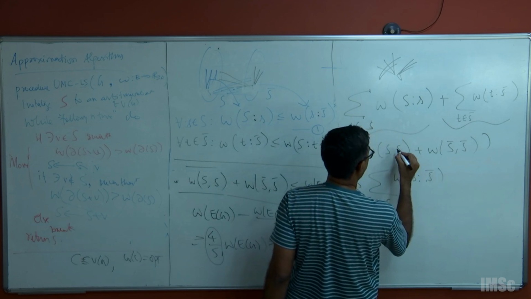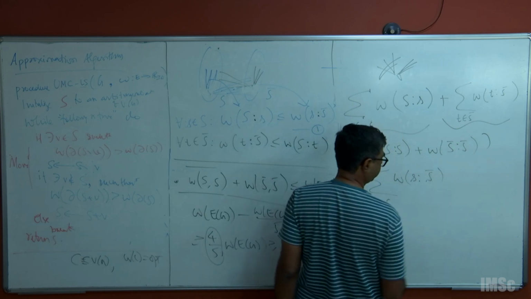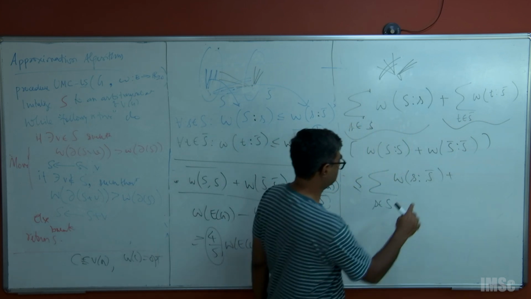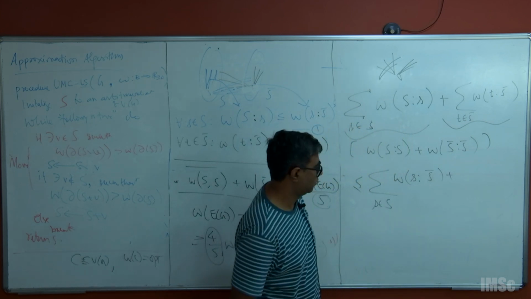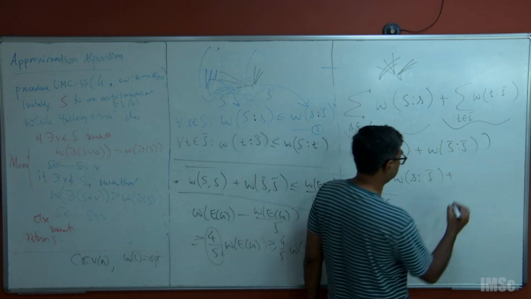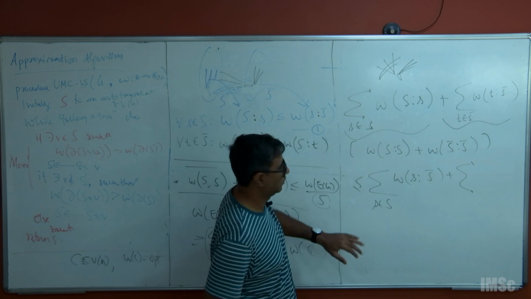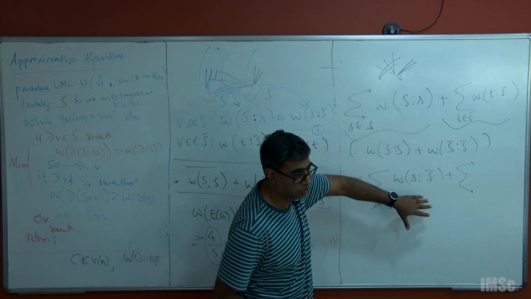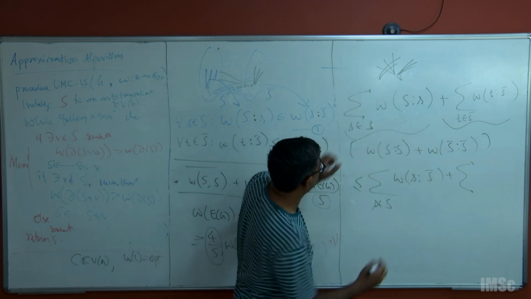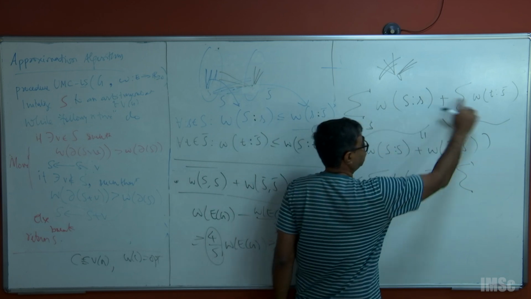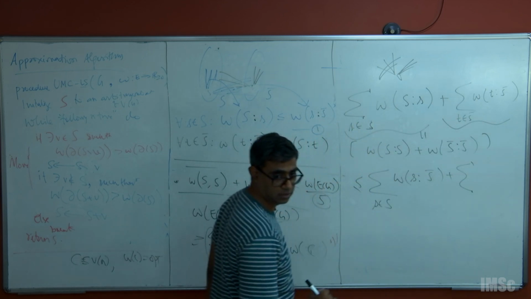Is that fine? Wait, I'm just saying this is less than or equal to this. This quantity is exactly equal to this, but this quantity is less than some quantity, right?